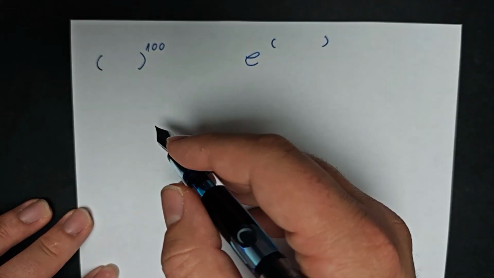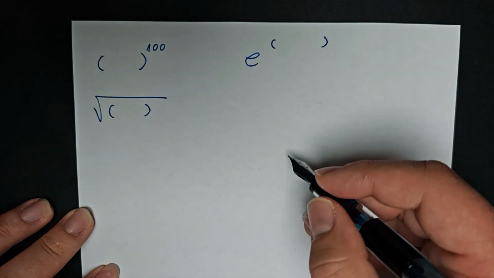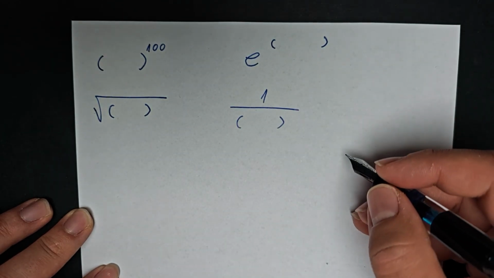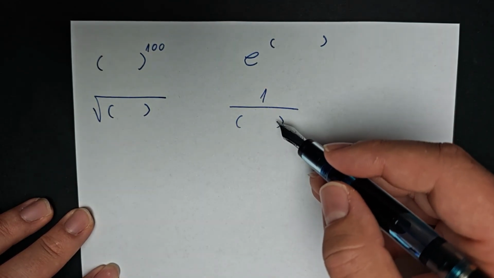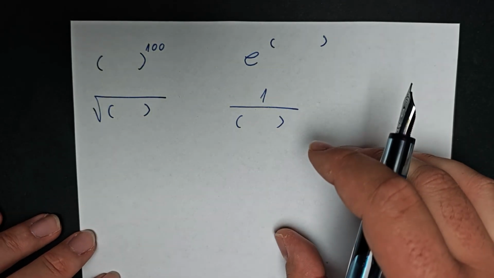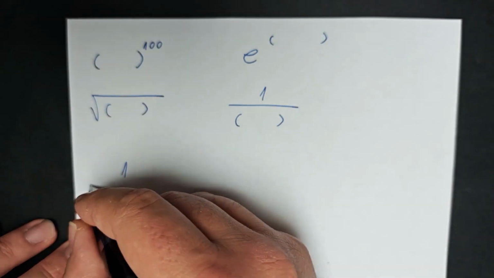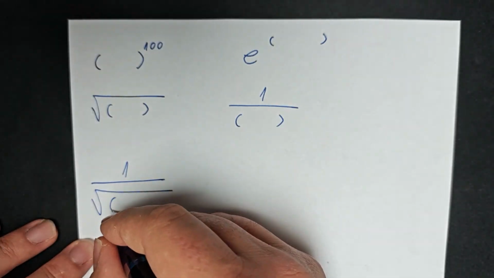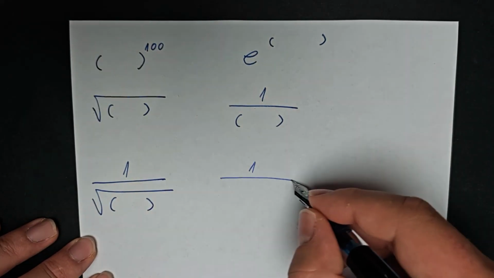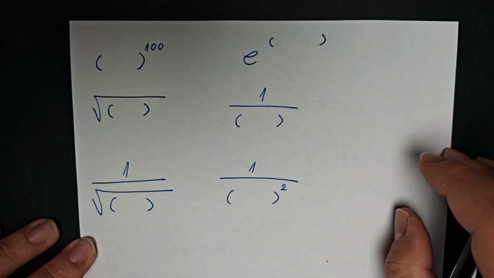Another case which you are going to encounter is a square root of some function of the variable x, or 1 over some function of the variable x, where that function sits in the denominator of a fraction. A more complicated way which you are also going to encounter is 1 over a square root of some function of the variable x, or 1 over some function of the variable x, let's say that it is squared.